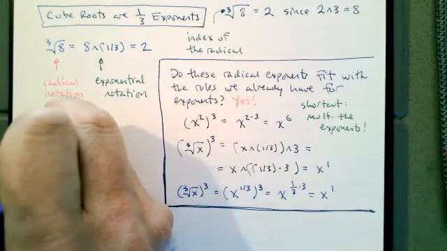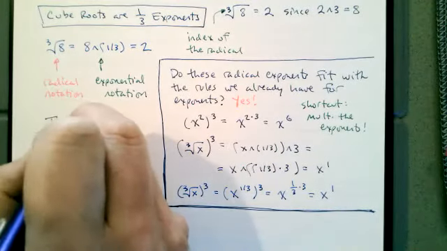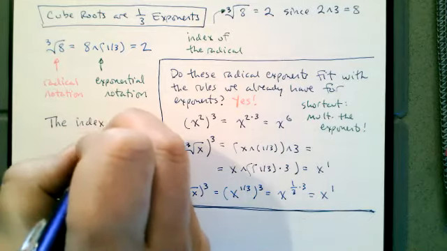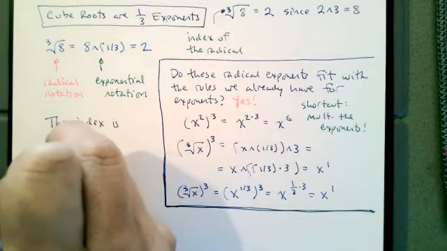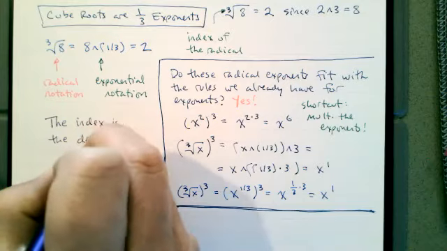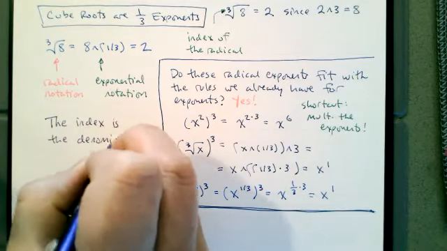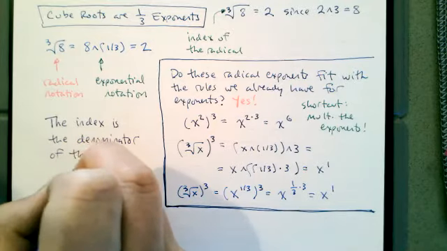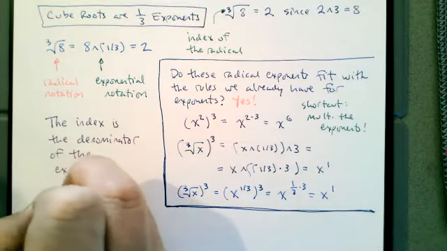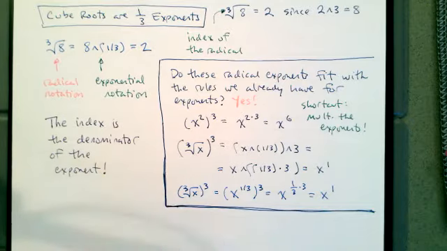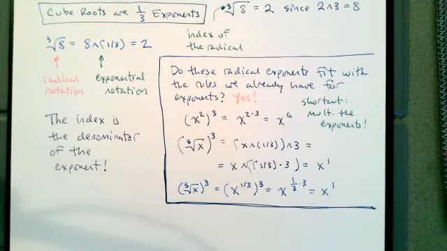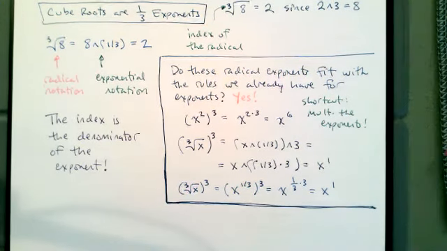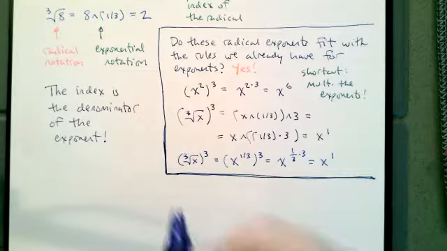The index is the denominator of the exponent. That's how we take square roots are 1/2 exponents and generalize it. The index is the denominator of the exponent, the index of the radical.